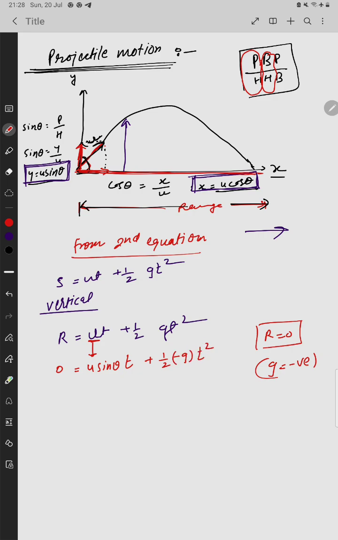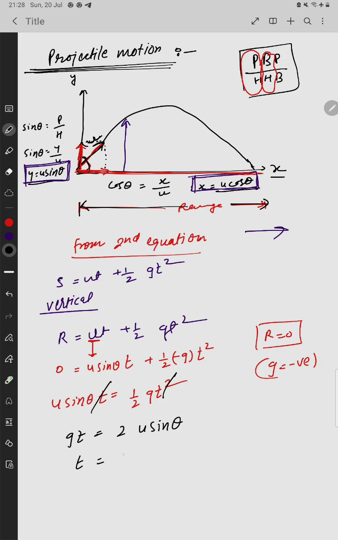So what you are going to get here, dear student? u sin theta t is equal to half gt square. This t square and this t cancel out. So gt is equal to 2u sin theta.